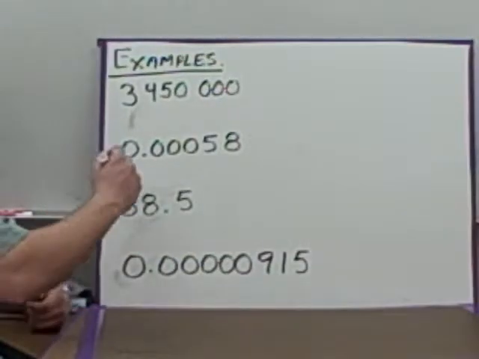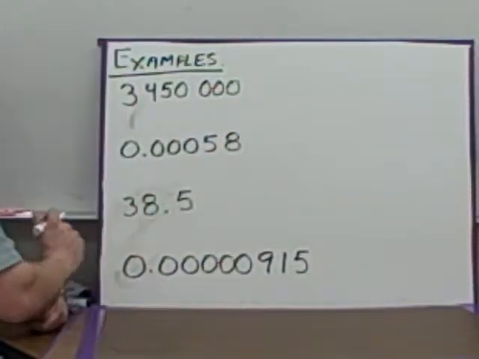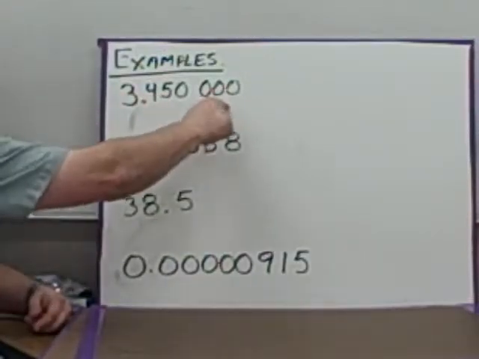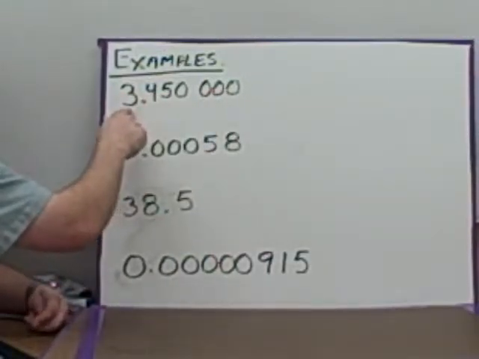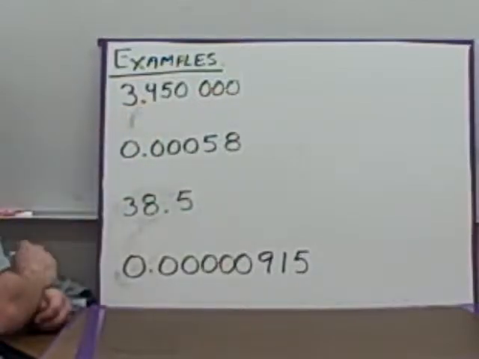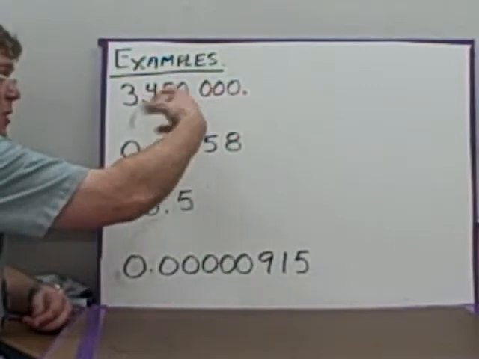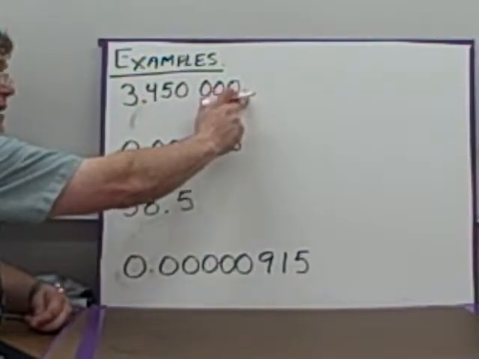For example, here, I'm looking at this number. I would look first to see that there's a decimal point in here. Moving from left to right, this is the first non-zero number I see. I put a decimal there. This is where the original position of the decimal is. When there's no decimal on a number, it's understood that it's going to be at the right-hand side.